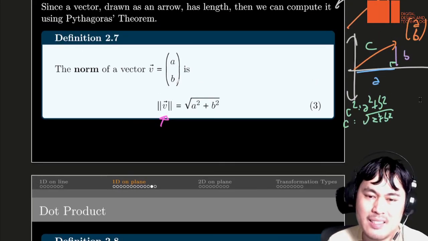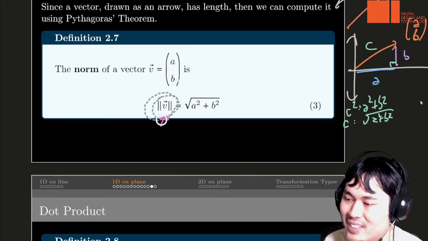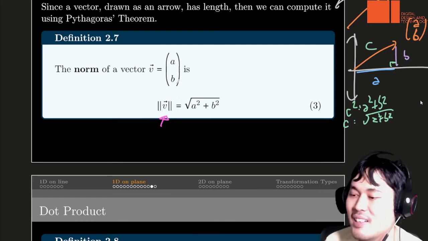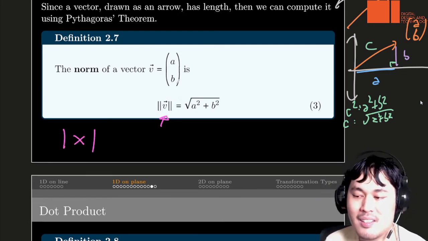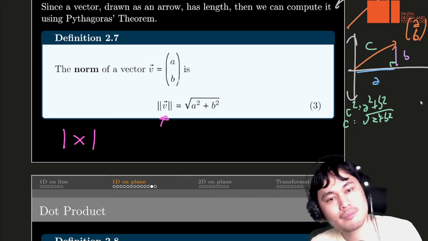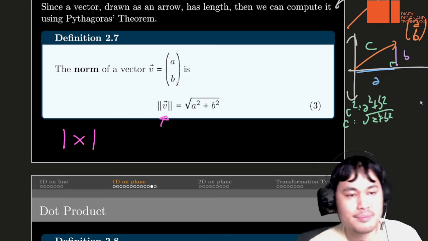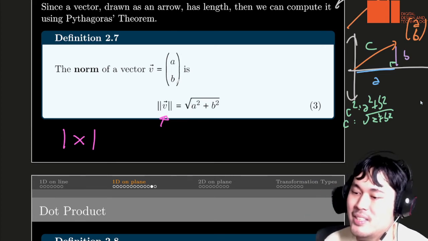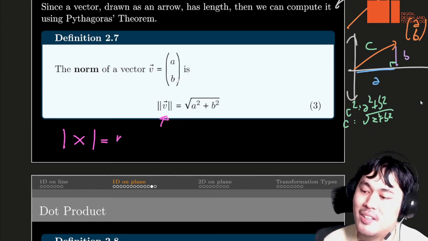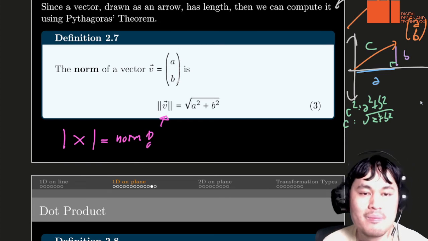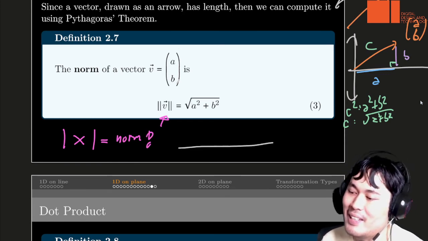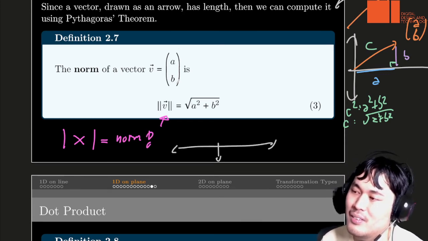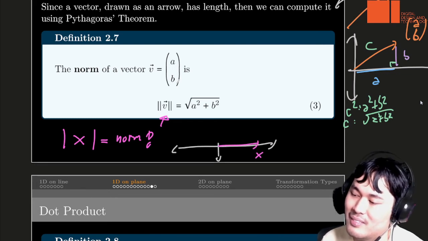And just a side note here, this notation looks familiar. It looks as if it is an absolute value, doesn't it? And indeed, it's actually the same, because if you think about it, the absolute value is actually the norm, right? You have a line, you have 0, this x vector.